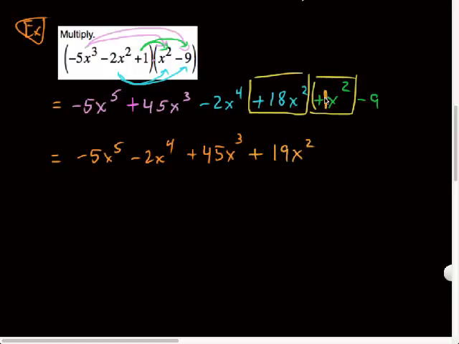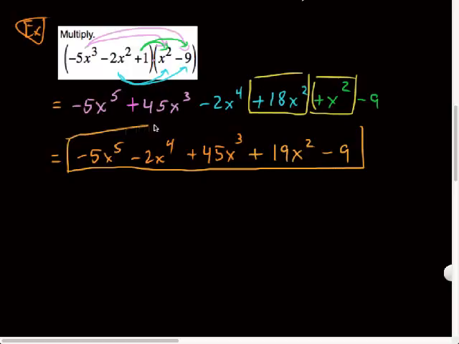I add the coefficients, this little invisible 1 with the 18, and the exponent remains the same. So this would be my answer. Naming it by degree, it's 5th degree, so technically a quintic, and it's got 5 terms, so polynomial would be the generic name for it since we didn't have a name for that one.